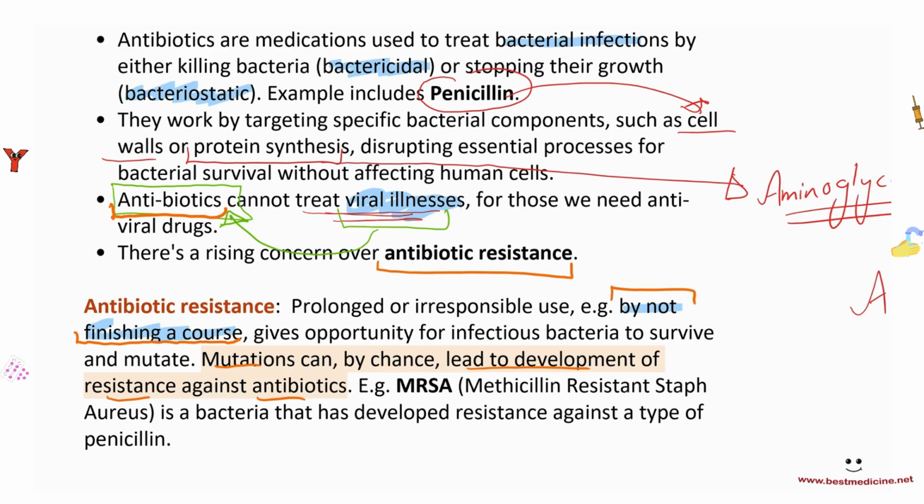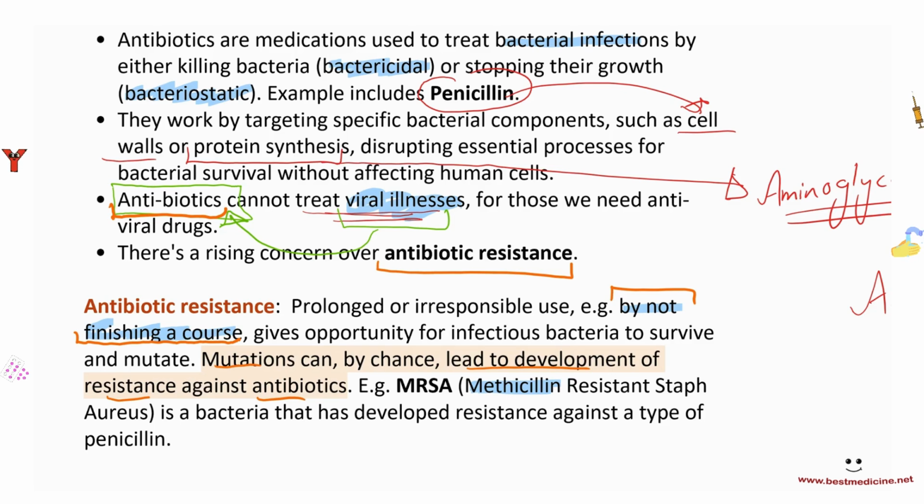And a very common, very popular example of antibiotic resistance is something called methicillin-resistant Staph aureus. Staphylococcus aureus is a bacteria that is very commonly resistant against a common penicillin, methicillin. We've already talked about this once as well, and so here's a repetition of it. For short, it's also called MRSA.